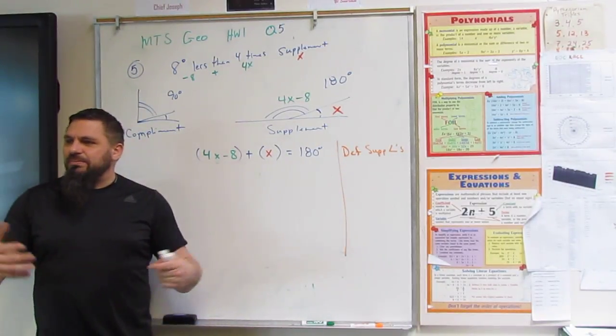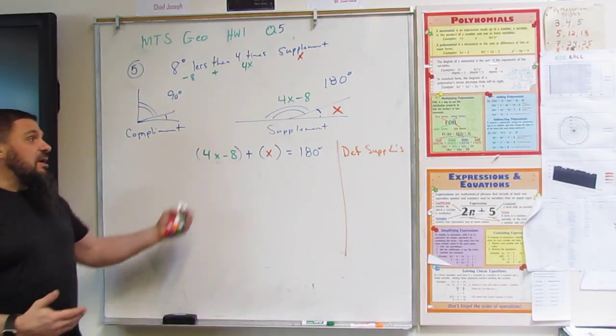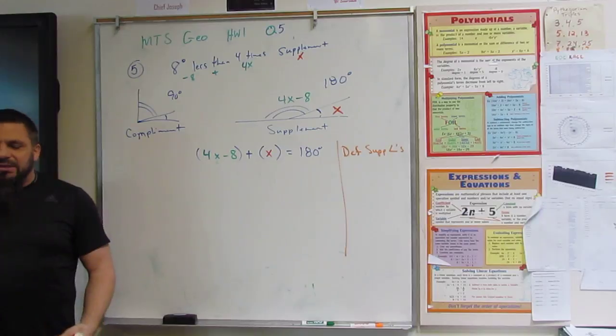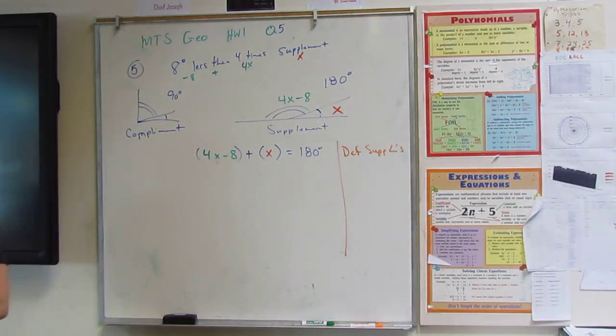It's going to be really simple. So it's because they're supplementary angles, so definition of supplementary angles. I know it sounds like a lot, but at the end of the year, you have to take the test.